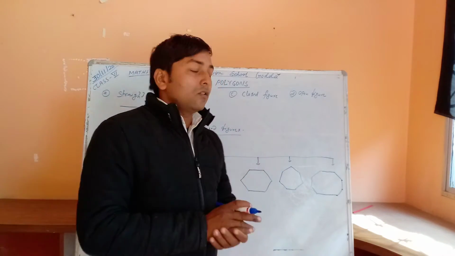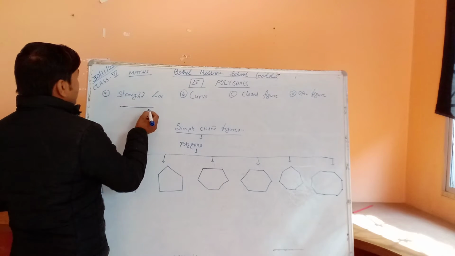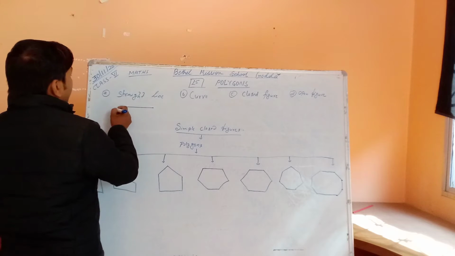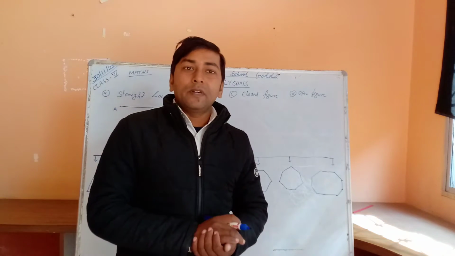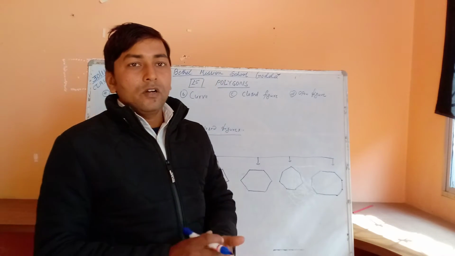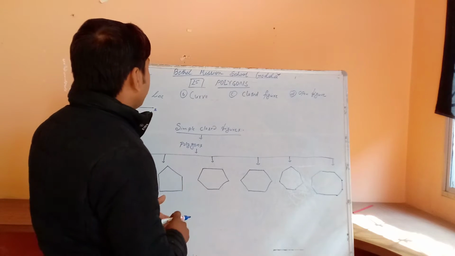It has 2 points, and you can give any names, A, B. This is a line segment. Line segments we already know, we discussed them in the previous video.